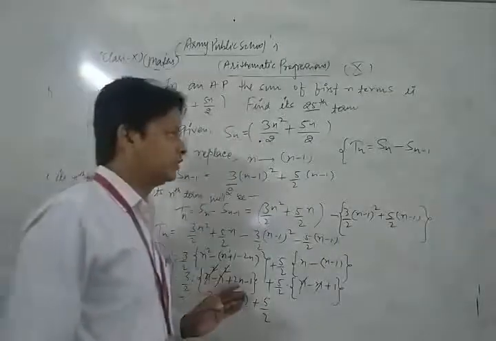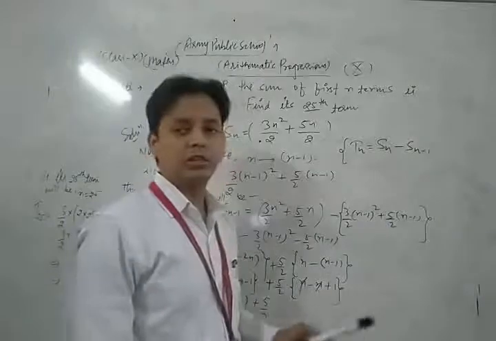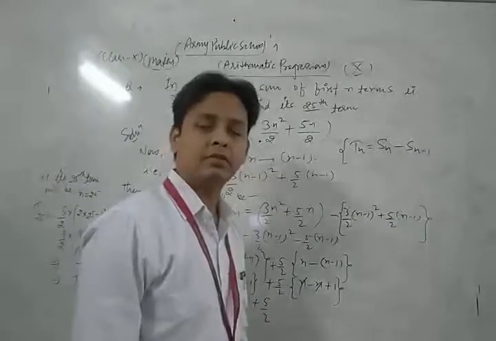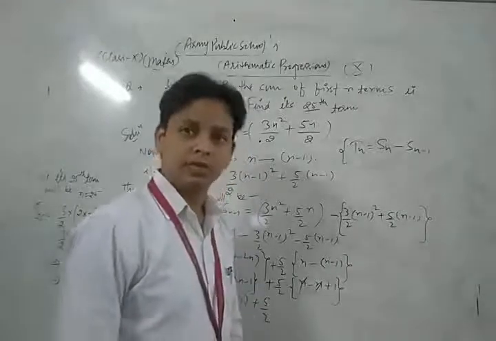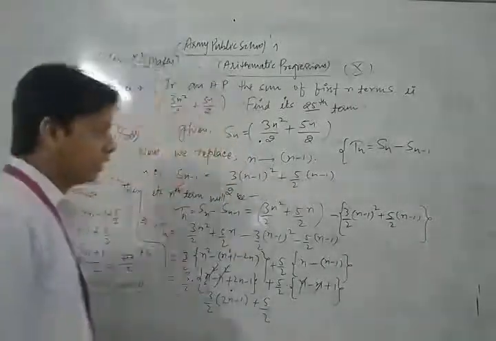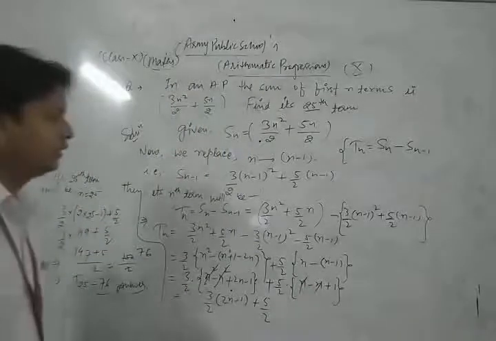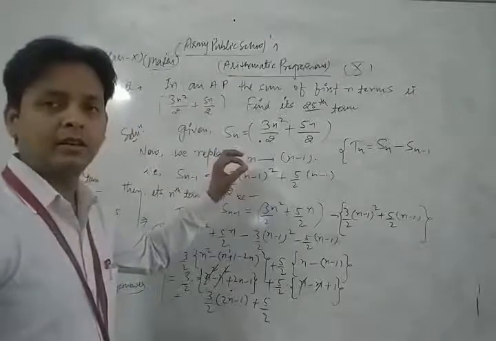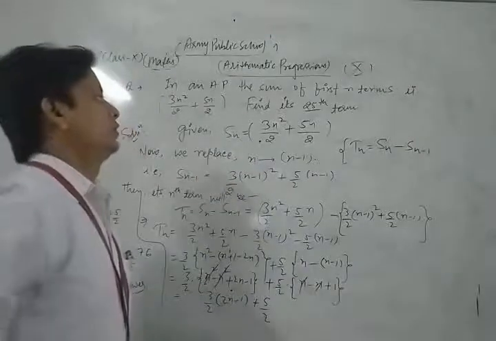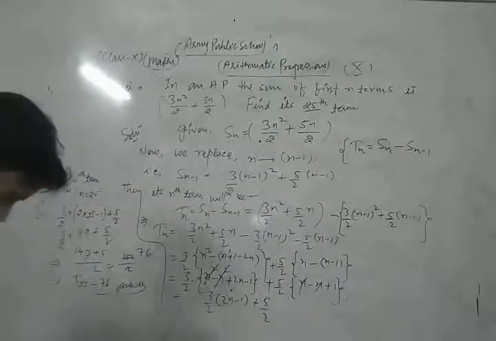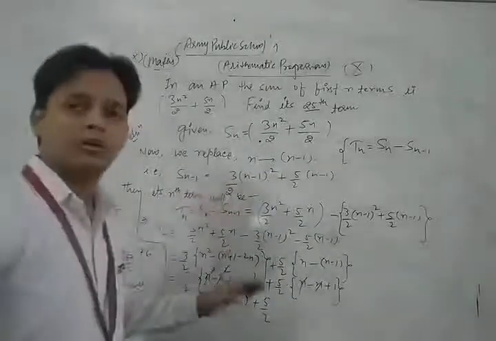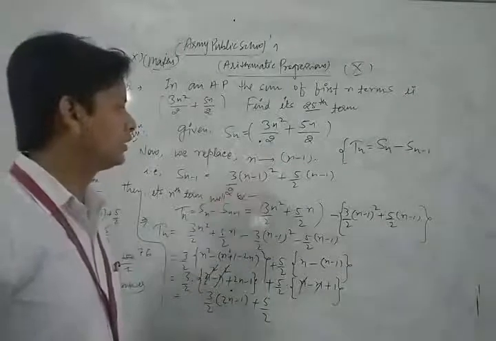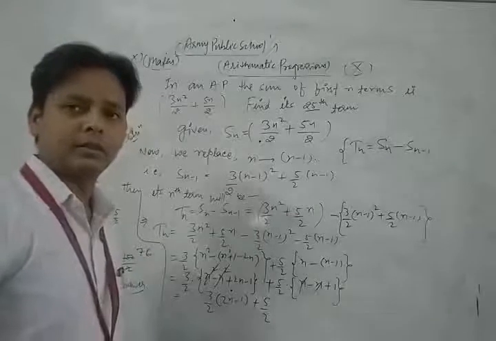In the previous class we discussed a very important formula: the nth term is the sum of n terms minus the sum of n minus 1 terms. Now, first of all, Sn is given, so we just replace n by n minus 1. So we get 3 by 2 into n minus 1 whole square plus 5 by 2 into n minus 1.